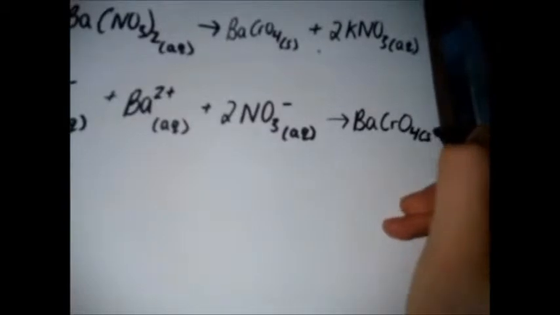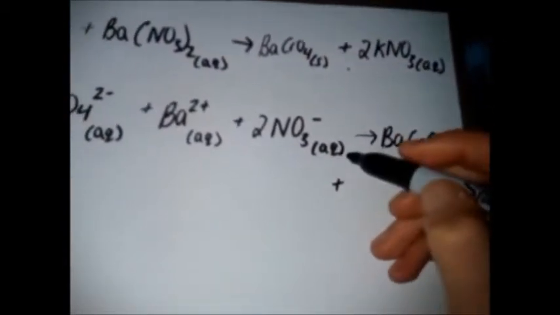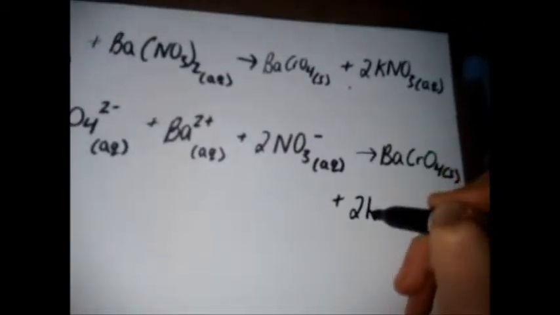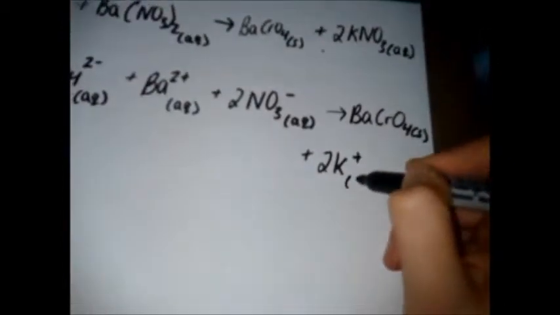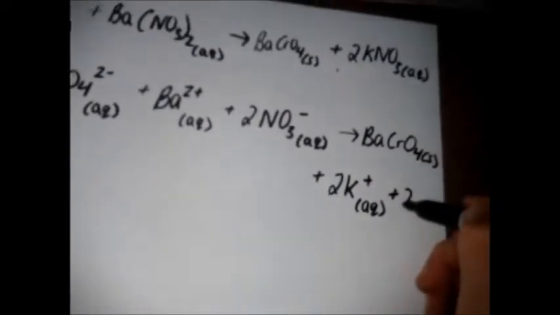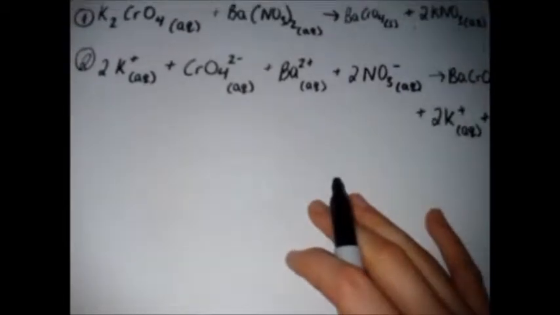Running out of space here. Plus, right now you have your 2 potassium, plus your NO3. Alright, so that's your complete ionic equation.